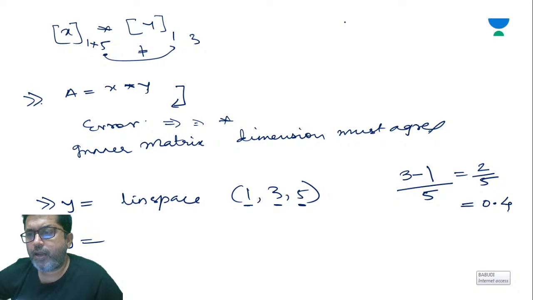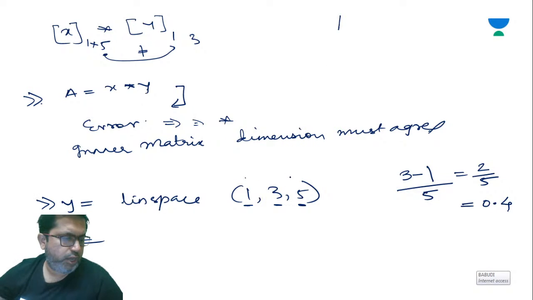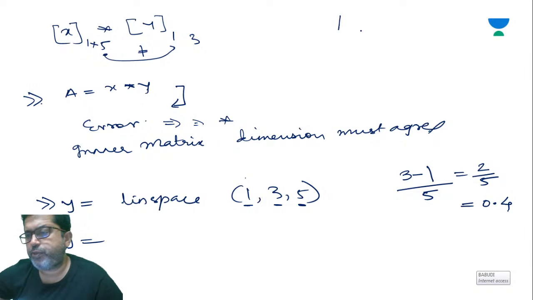Now see the numbers: suppose this is 1, 2, 3. I want 5 numbers between 1 and 3. So this will be the first number, second, third, fourth, fifth number. How many gaps are there? First gap, second gap, third gap, fourth gap. There are 4 gaps.